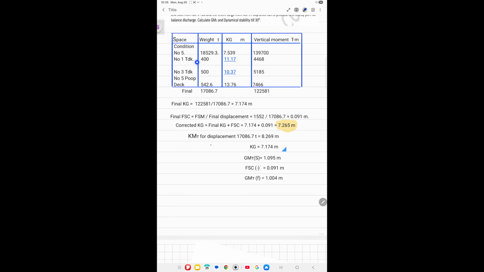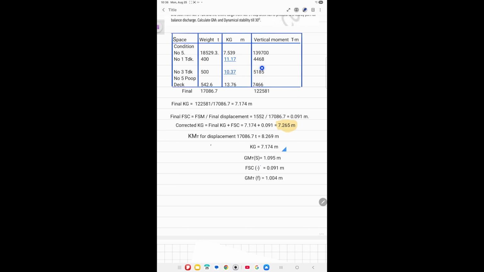So now since cargo was discharged, I will subtract 400, 500 and 542.6. All these three weights I will subtract from my initial displacement and I get 17086.7. This is the final displacement on departure.